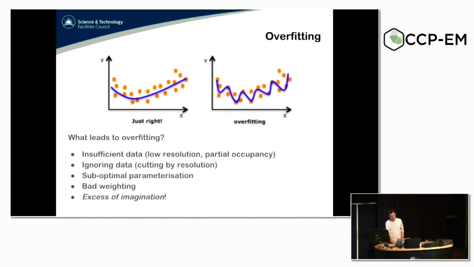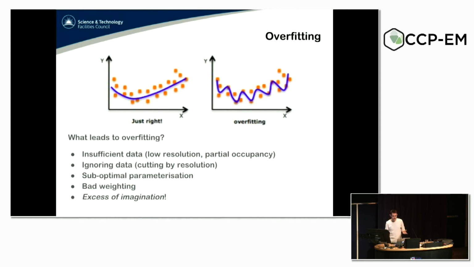One of the important things that RefMac provides is Garib's half map validation. And the reason why this is important is we want to try and limit overfitting. So overfitting is where effectively you're fitting too many parameters in your model to your data.